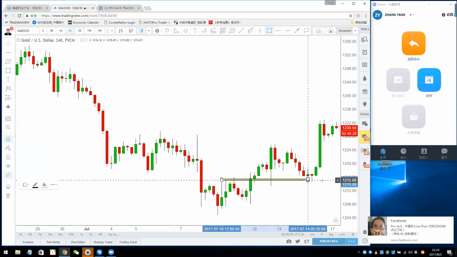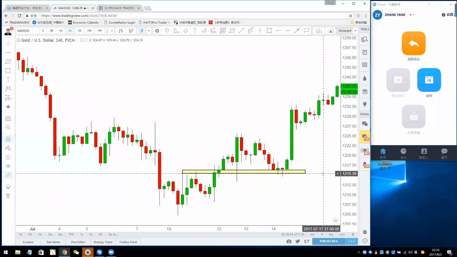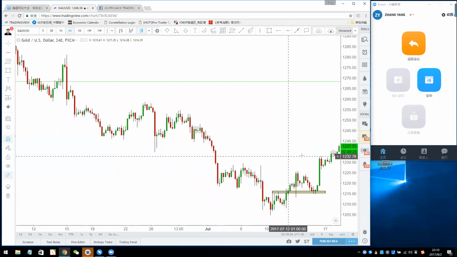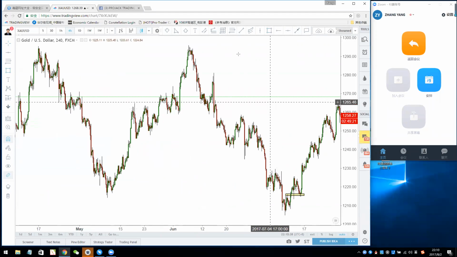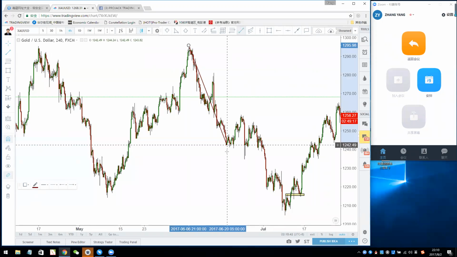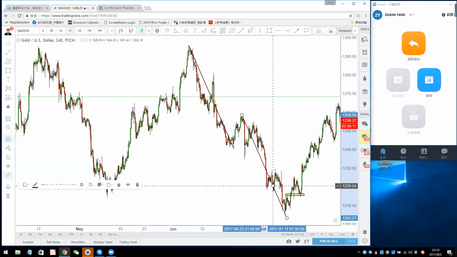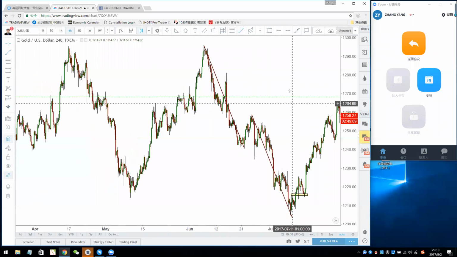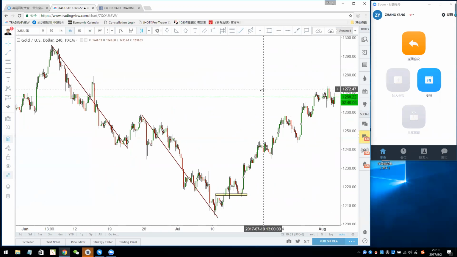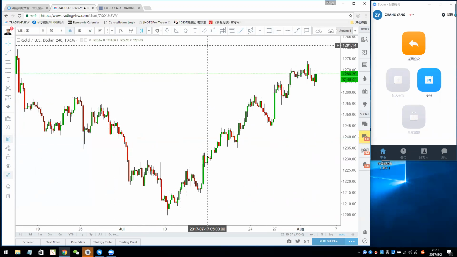So the last time I said if the gold can maintain above 1215, we want to buy, because it just completed the ABCD pattern from here. It's a beautiful ABCD pattern. You can see it just completes nicely. So the price rallied and formed a rising channel, an uptrend channel from here.